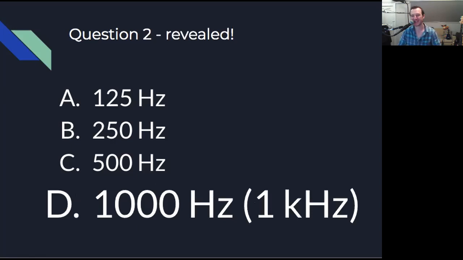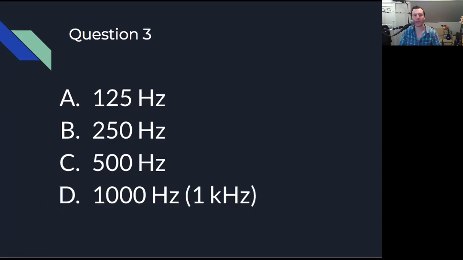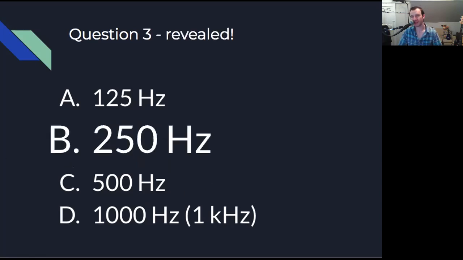All right, question number 3. Which of these 4 frequencies, I think I may have said 5 on the last one, which of these 4 frequencies is this? If you guessed, once again, 250, you are correct.